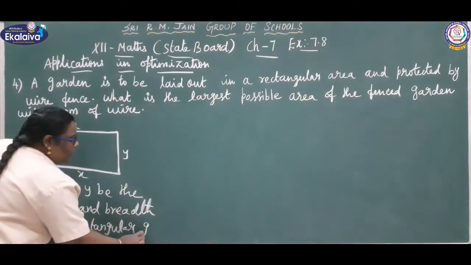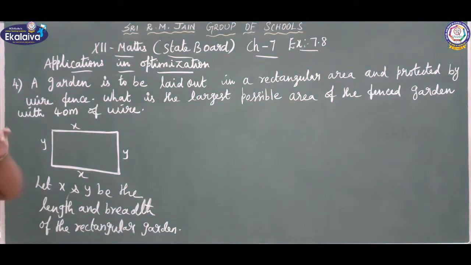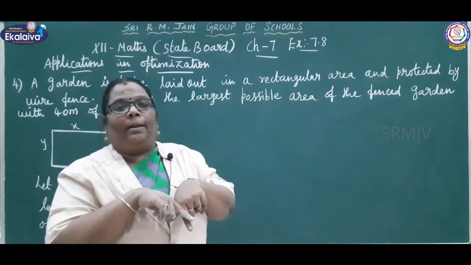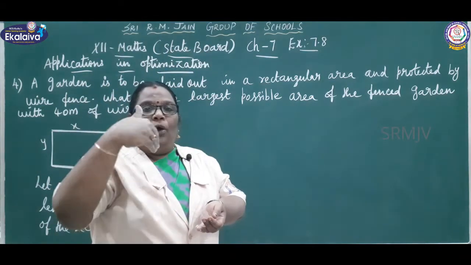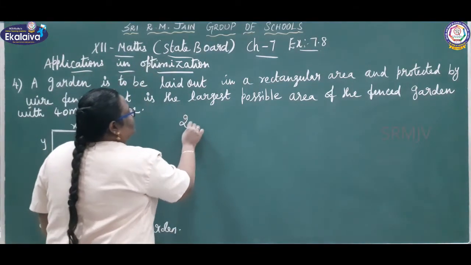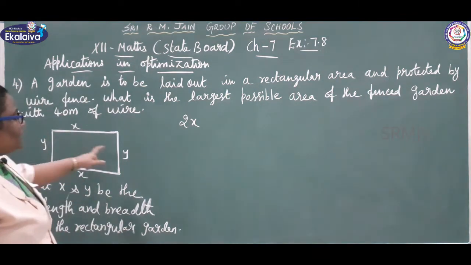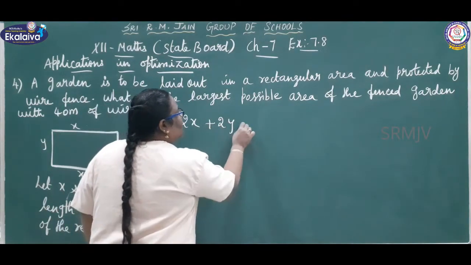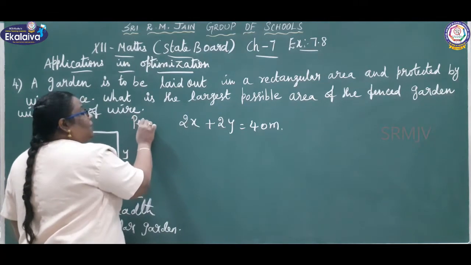What is given? The total perimeter, that is the fencing, is 40 meter. That is nothing but x, y, 2x plus 2y. This fencing is x plus x, 2x plus 2y, equal to 40 meter. It's nothing but the perimeter.